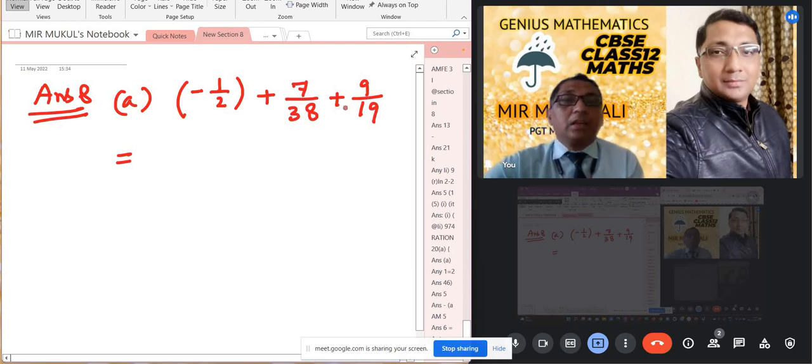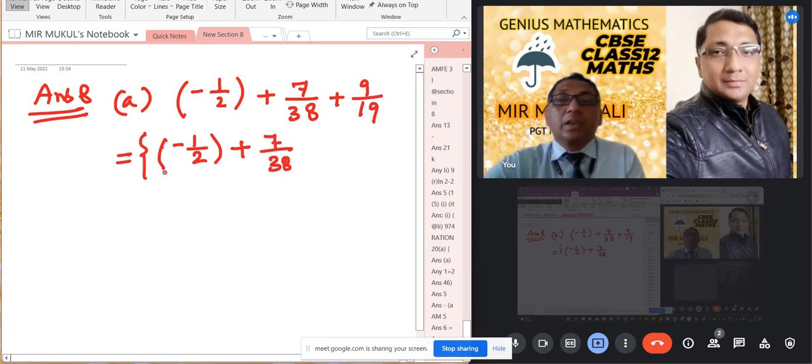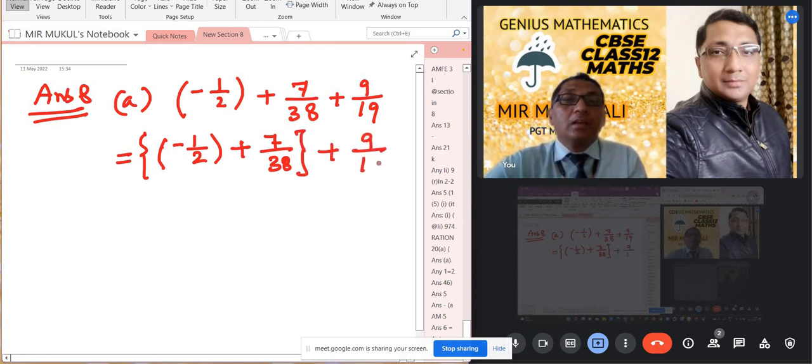Okay, anything we can consider. So if we consider first and second, so here it is minus 1 by 2 plus 7 by 38. So here put bracket plus 9 by 19.